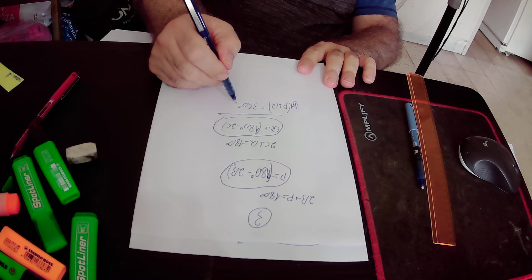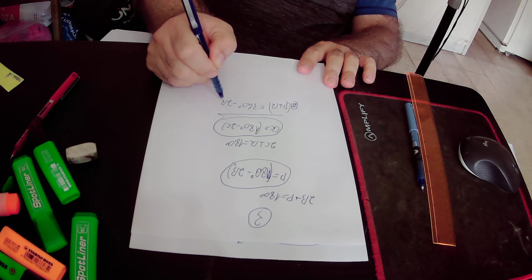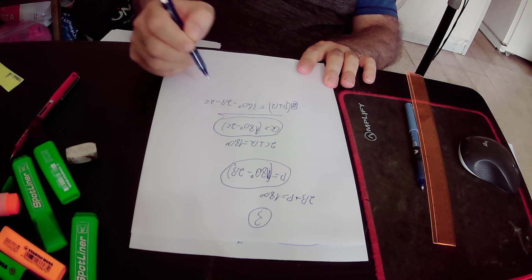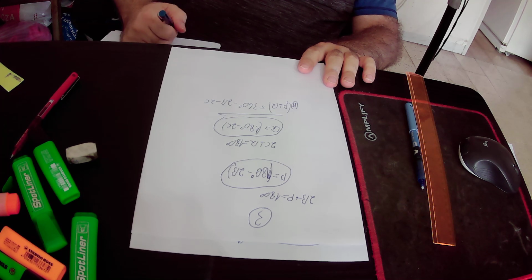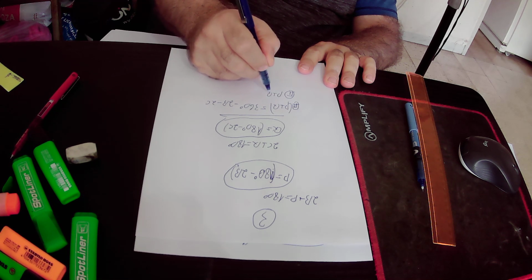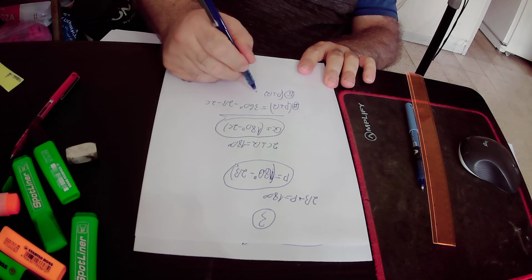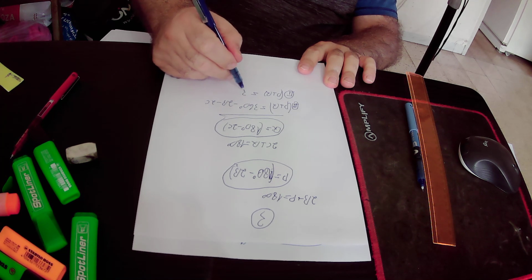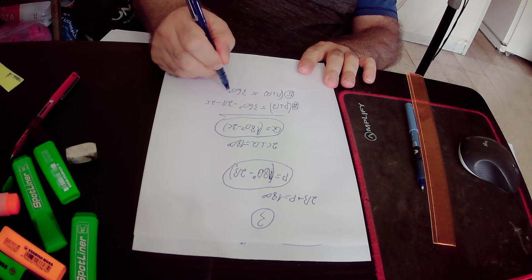minus 2B minus 2C. Okay, so P plus Q equals 360 degrees.